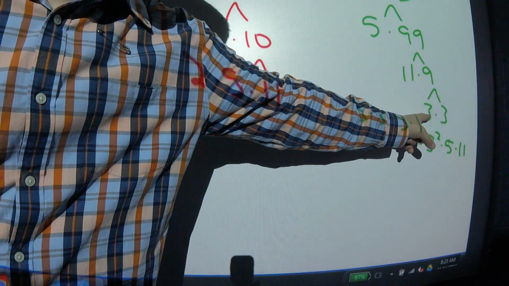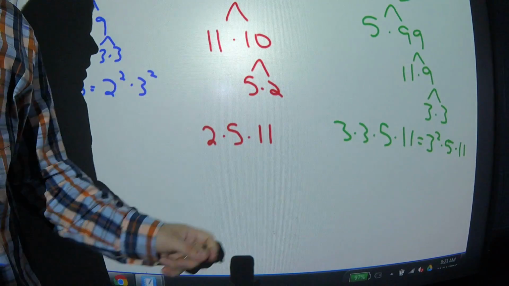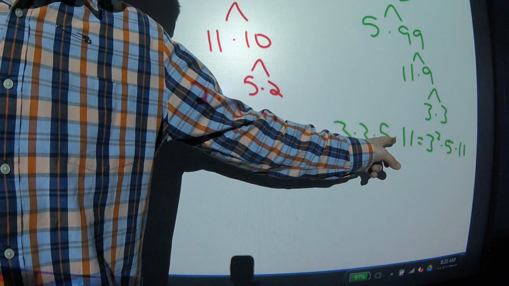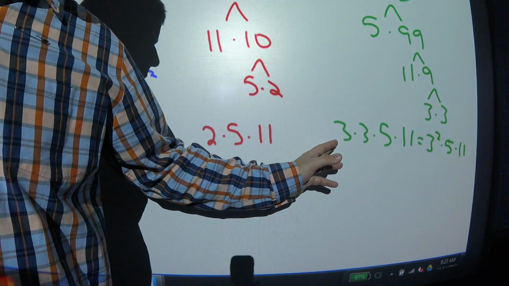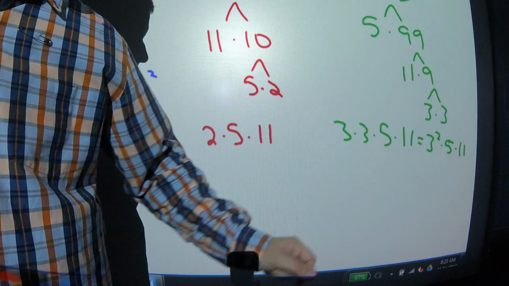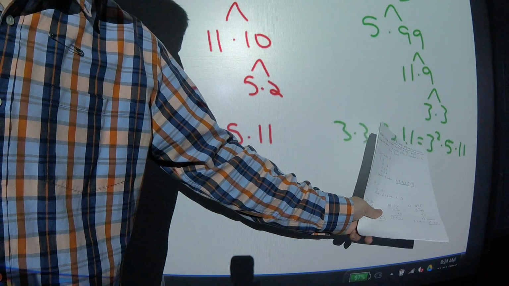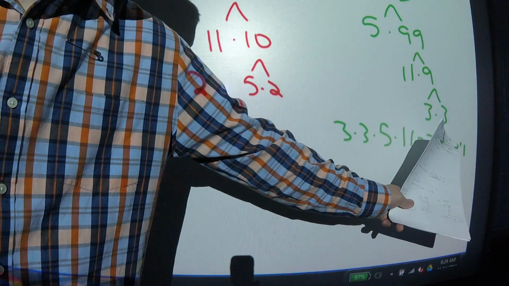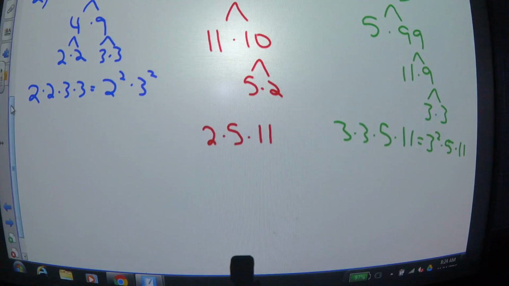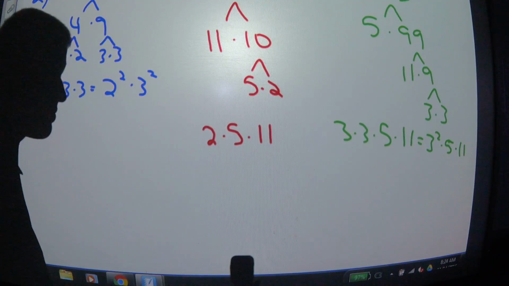Then you break down 9 into 3 times 3. So 3 times 3 times 5 times 11. You always write it down least to greatest, going from left to right. I have two 3s, so 3 squared, one 5, and one 11. If I were to multiply 3 squared times 5 times 11, I'm going to get 495. So I broke it down to its product of prime factors.